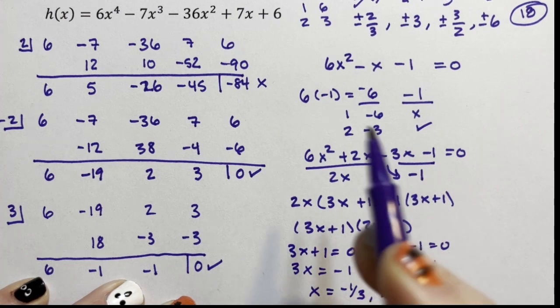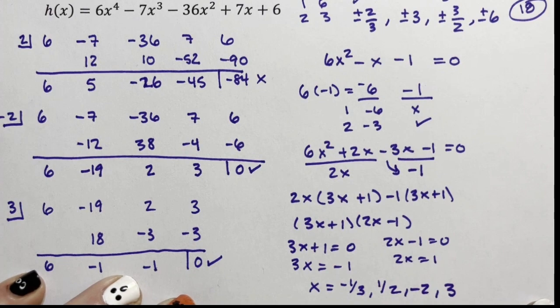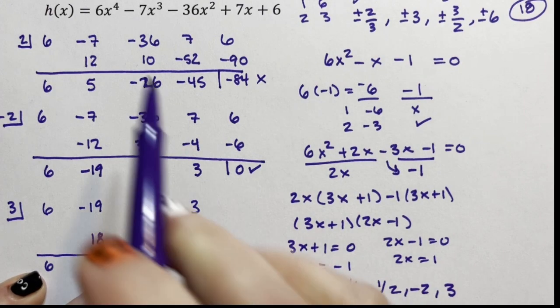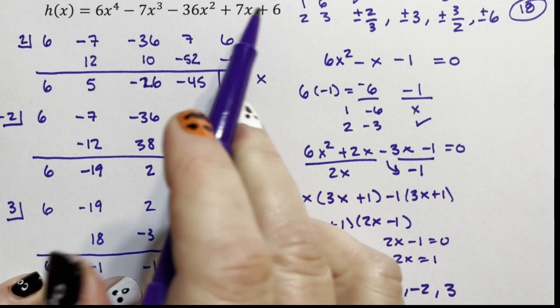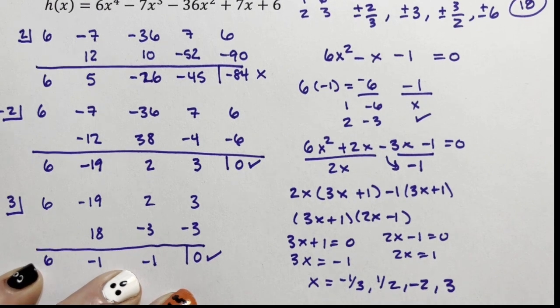So those are all those fractions we had. And our other two are negative 2 and 3. As a bit of a bonus or an extra credit, if we were to ask to make this original polynomial into a factored polynomial, we could do that.